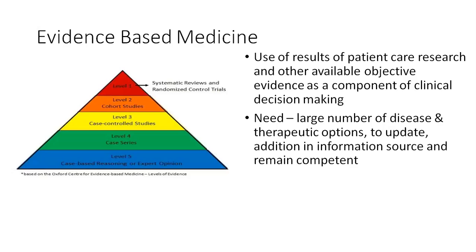I was talking about a pyramid where we talk about the highest level of evidence, and this pyramid starts with a case report, case series, analytical studies, and then we go for the highest level of study, that is the experimental study. Now why do we want to go for evidence-based medicine? Because there are a large number of diseases and therapeutic options that are available, and we have to keep ourselves updated so that we can keep on adding to our information resources and we remain competent enough.